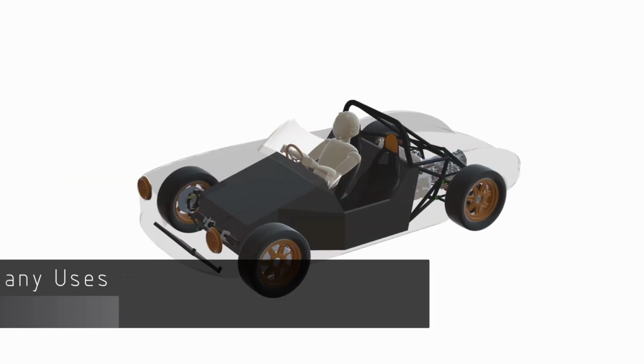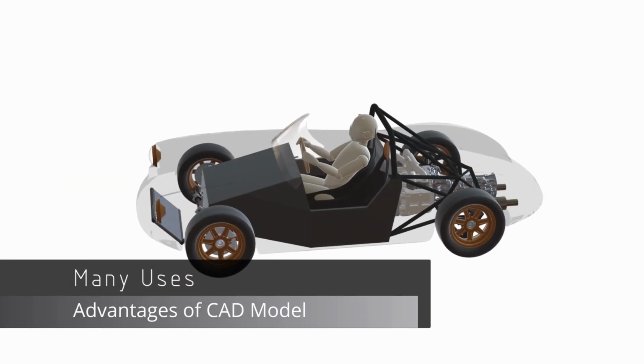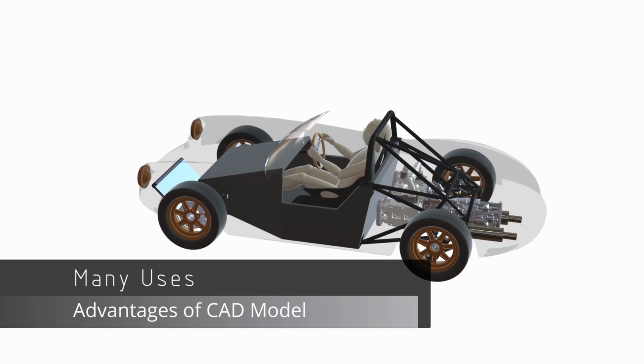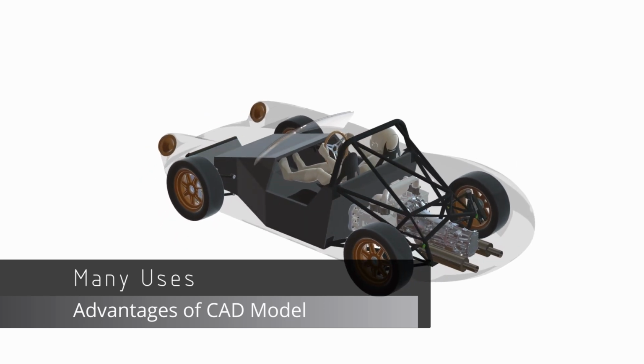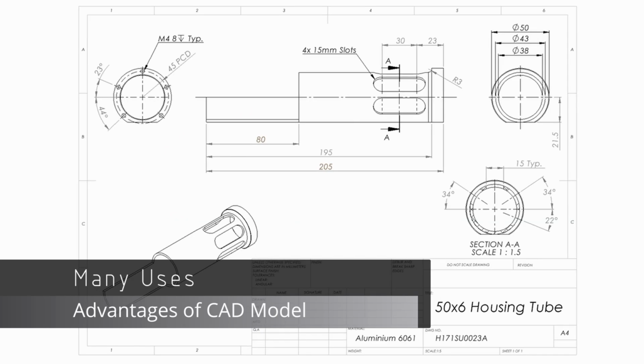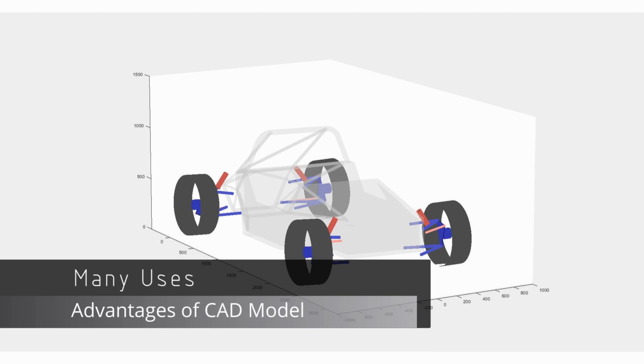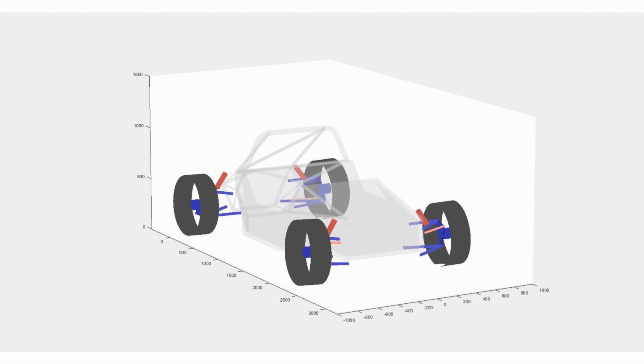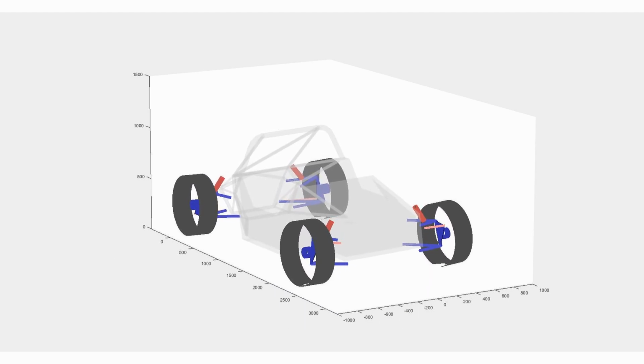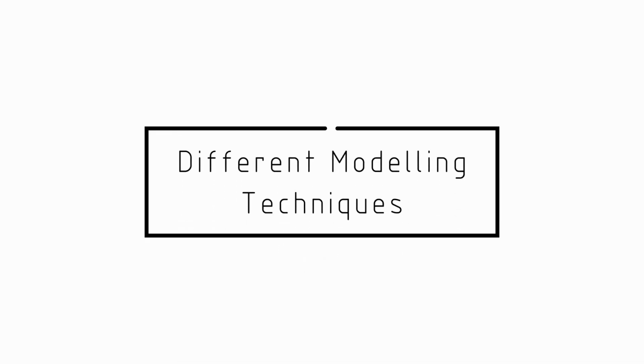Also, because I'm using this CAD package for a variety of different things, from the visual creation of the model through to manufacturing drawings and simulation, I need to make sure that I'm planning what modeling technique is going to be used for different models and what sort of accuracy and precision is needed for each model.